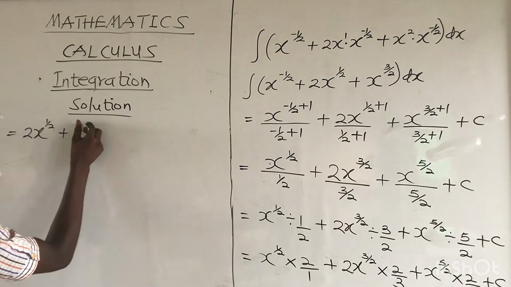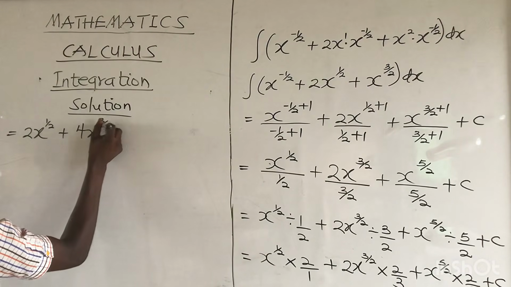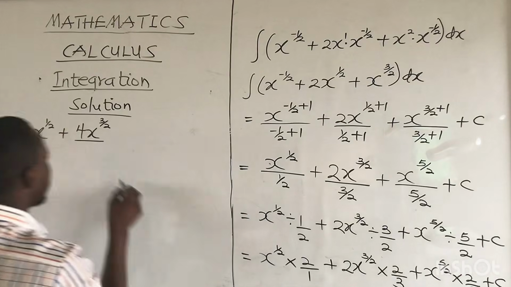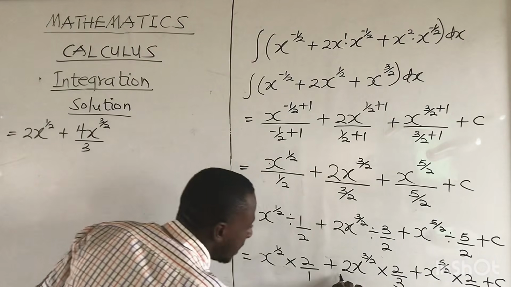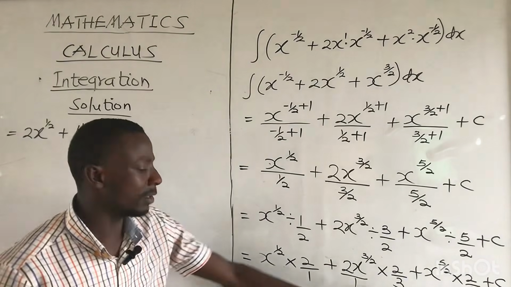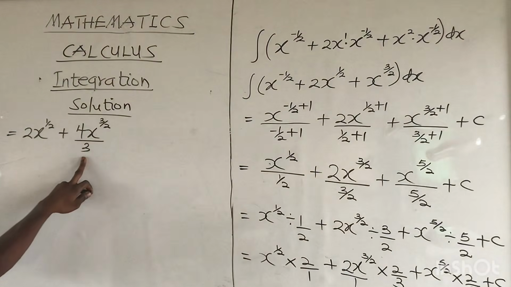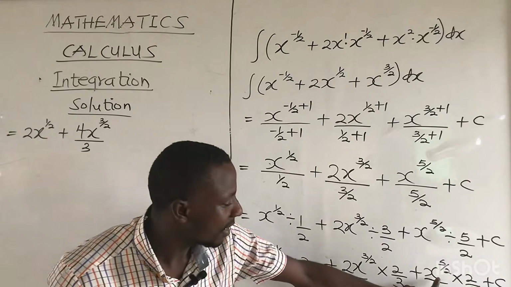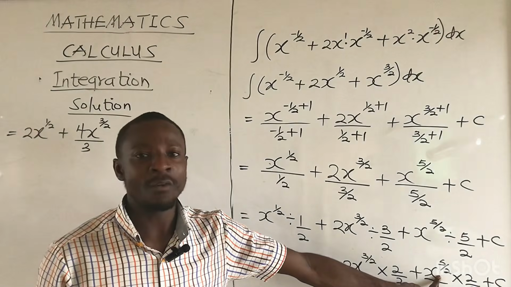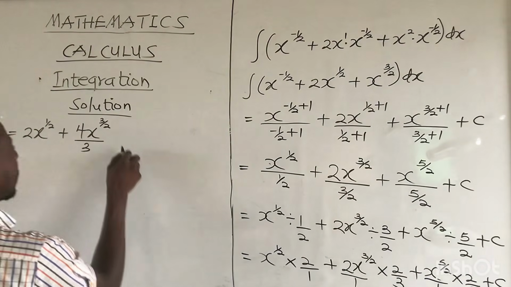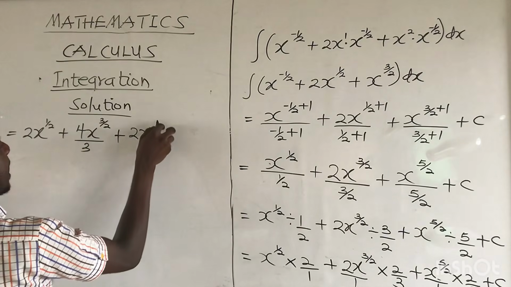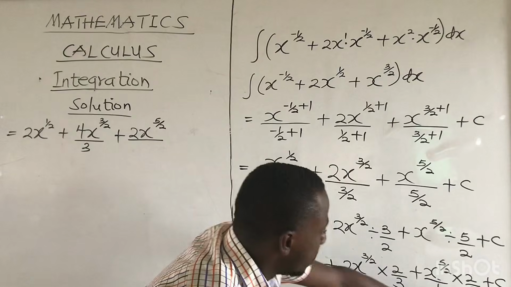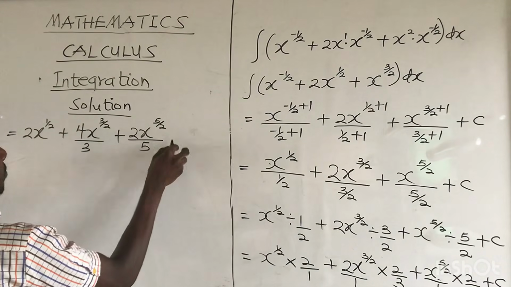We have 4x exponent 3 over 2 all over 3. Because this whole thing has 1. So 1 times 3, we still have 3. Notwithstanding, this one is also over 1. In that case, x exponent 5 over 2 times 2, it will give us 2x exponent 5 over 2 all over the denominator, which is 5 plus c.